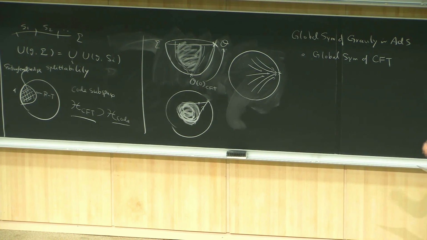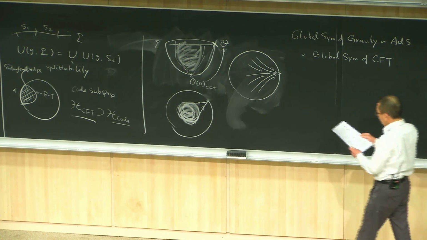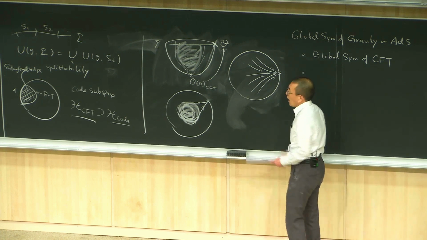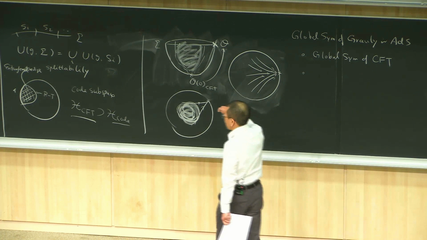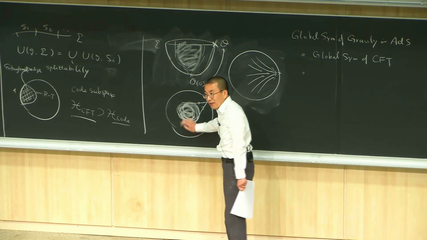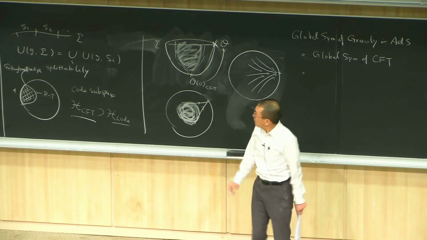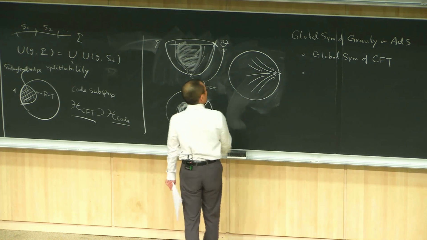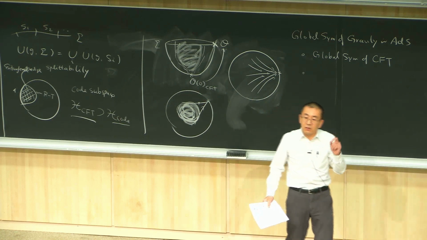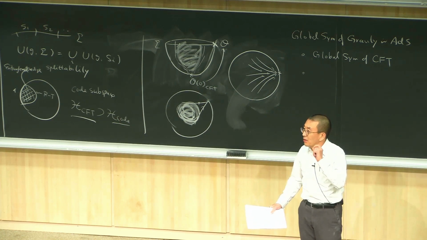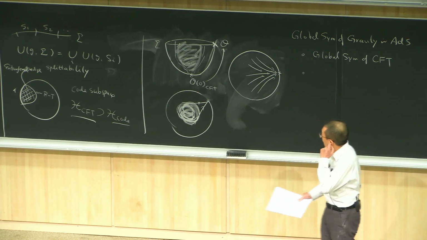But there are other properties that we do expect the global symmetry to have. Well, first of all, it has to act faithfully on the states in the bulk. But we would like the definition of the global symmetry to go smoothly to that of the global symmetry of the quantum field theory in the limit where the gravitational coupling goes to 0.